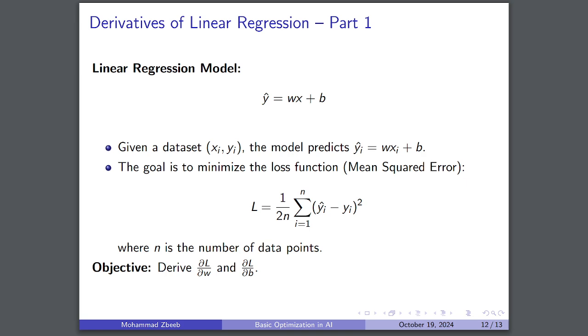But now someone should have the question: by how much should we tweak w and b? It turned out that we should tweak w by the magnitude of the derivative of the cost function with respect to w, and we should tweak b with the derivative of the cost function with respect to b.